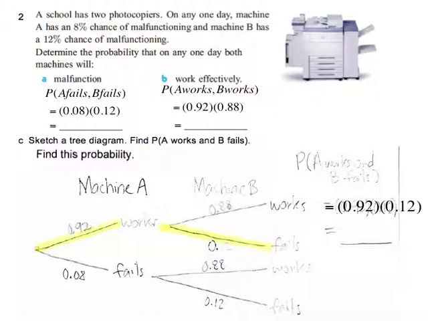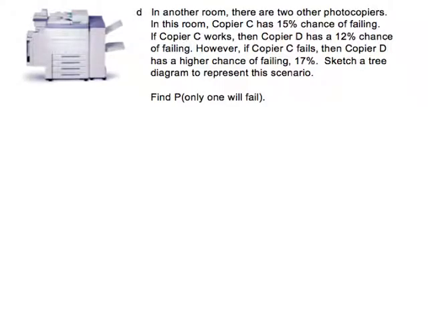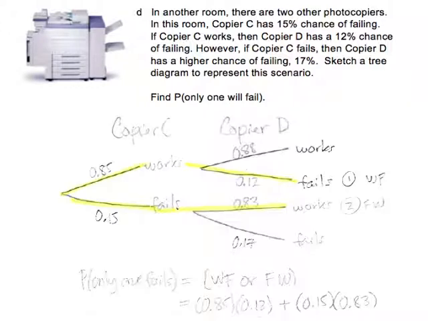Next problem is the same photocopier, well, different photocopiers, and now it's dependent, because what happens with copier C determines what happens with copier D. All right, so here's the diagram. Take a close look, make sure you understand what's going on here, but the main thing to note is we have copier D has a different failing number.